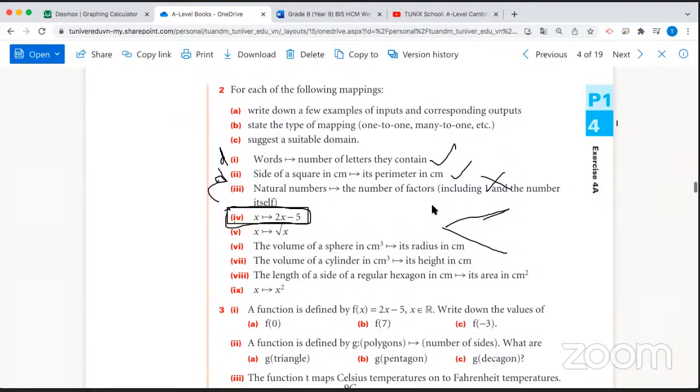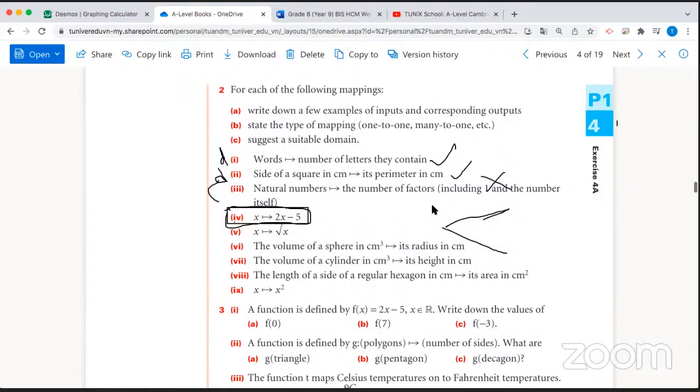Number 5, okay. As a function, it has a function, it's a one-to-one mapping type, and I'm not sure whether it has a suitable domain.